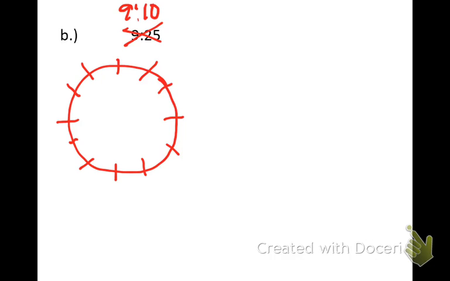And at 9:10, the minute hand is going to be on 10, on the 2, and the hour hand is going to be a little bit past the 9. So there's my minute hand.